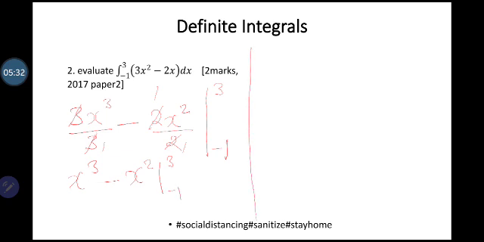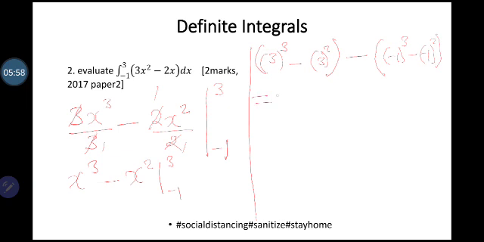So we substitute 3 first of all, we're going to have 3 to the power 3 minus 3 squared, close our brackets, we subtract, then now we substitute with the lower limit, we're going to have -1 to the 3 minus -1 squared.